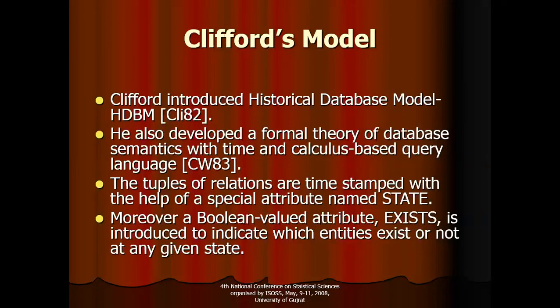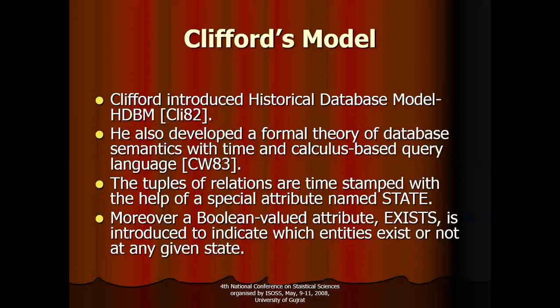As we know, whenever we talk about query languages, there are two ways by which we can develop them. Either we go for algebra, or we go for calculus. What is the difference between these two? Whenever we have an algebraic query language, it means we are based on operators.